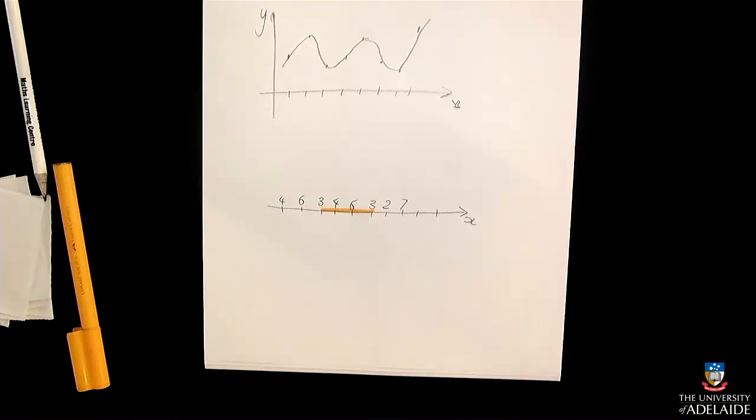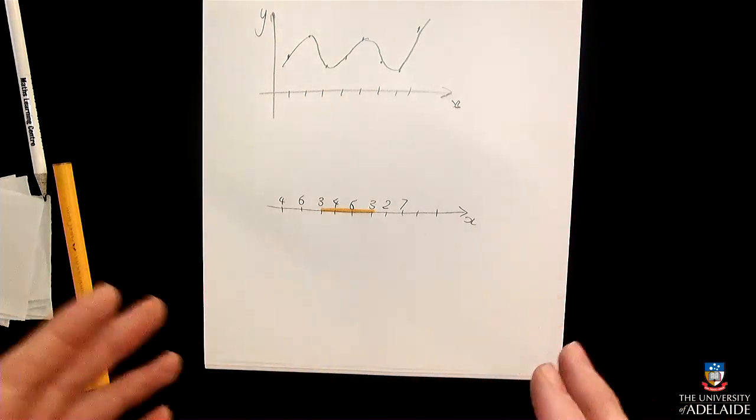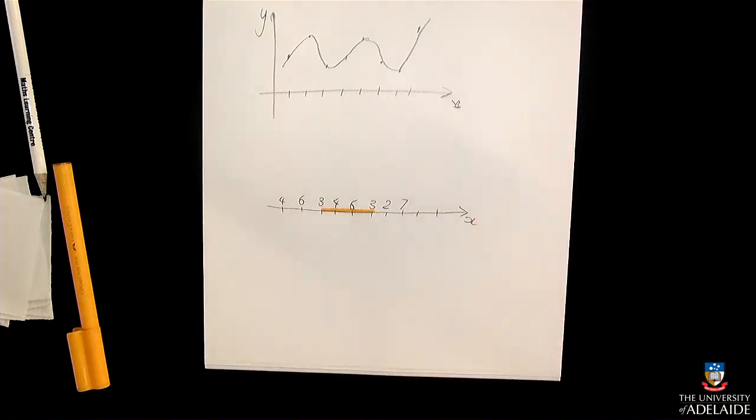The reason why this is so important is that if I have a function that doesn't take points on a line but takes points elsewhere and produces numbers, I'm not necessarily going to be able to draw a graph of it.